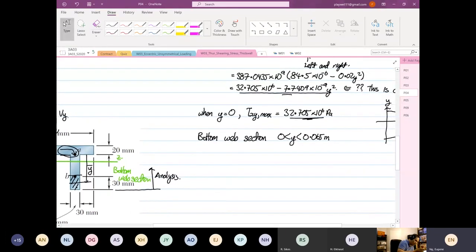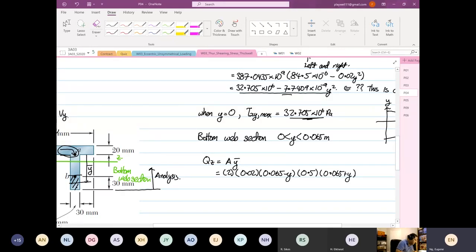Now we have Qz equal to A y bar. The area: twice is because of the left and right. The width is 0.02, and then this is 0.065 minus y. The individual section centroid is equal to half of 0.065 plus y.